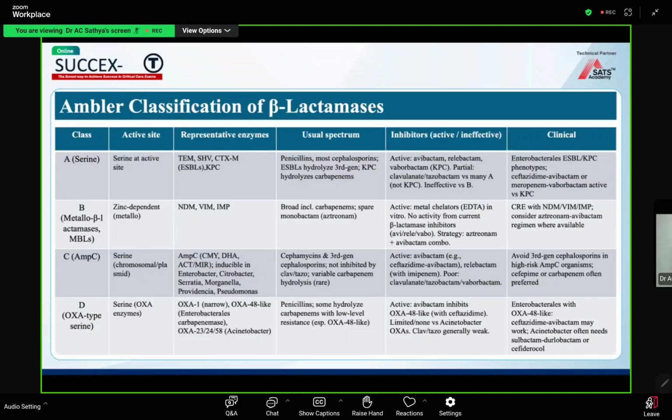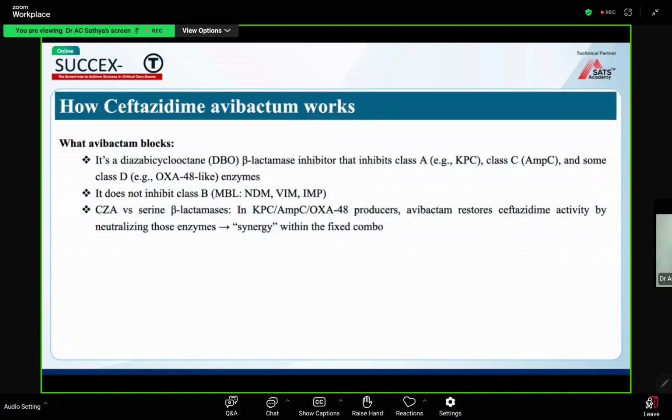In group B, there is the most important and most troublesome one, the NDM, the New Delhi metallo-beta-lactamase, which is also called the MBL resistance gene. In group C, easy to remember, C and C, is AmpC, which will mostly be AmpC organisms, mostly ESBLs, and will be sensitive to carbapenems. In group D, we have the OXA-48. It's essential that you know Ambler's classification by heart, so that once the lab gives you the resistance genes, you can choose your antibiotics accordingly.